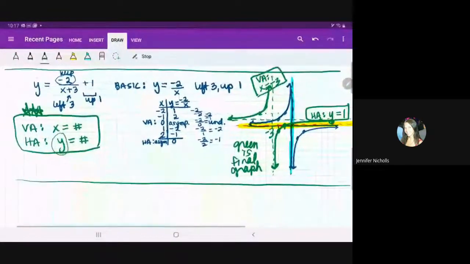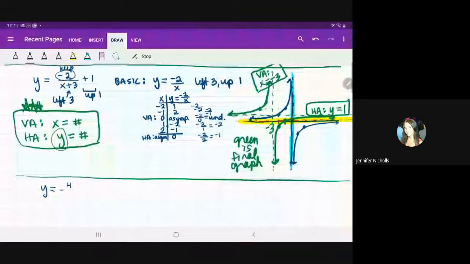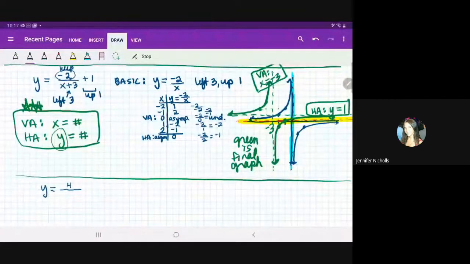Let's see. Let's do another one. Okay. So y equals 4 over x minus 3. How about we just have that one?